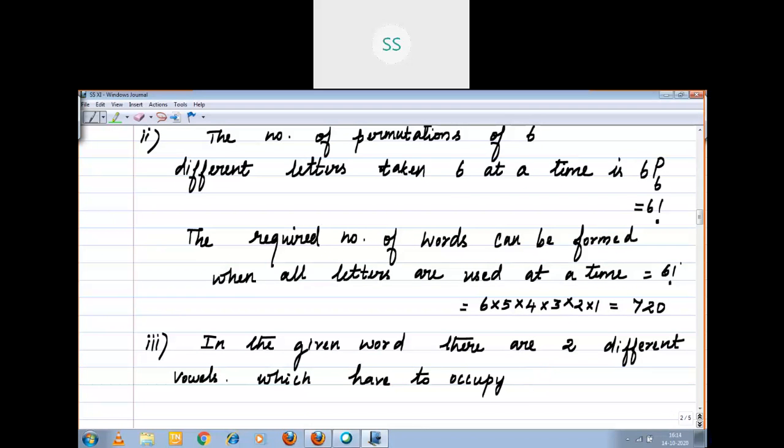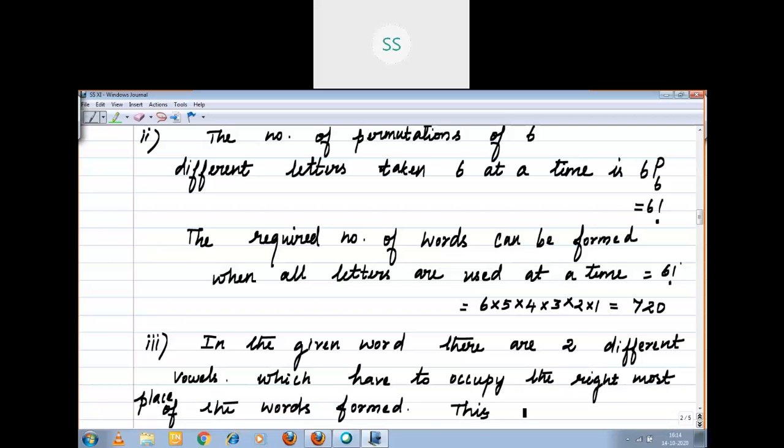Which have to occupy the rightmost place of the words formed.